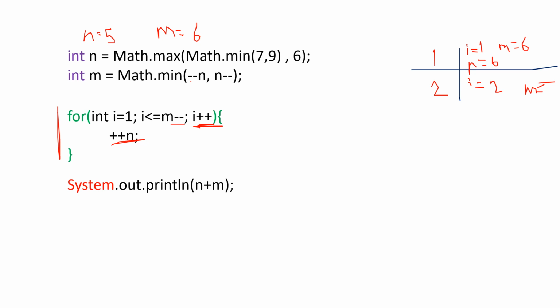I'll write that properly. m equals 5. Then we have n, its value is increasing, so I'll write n is equal to 7. Then let's move on to the next iteration. Now i will turn into 3.